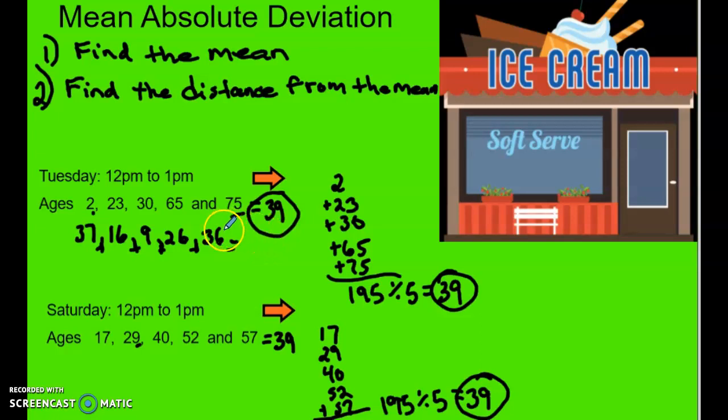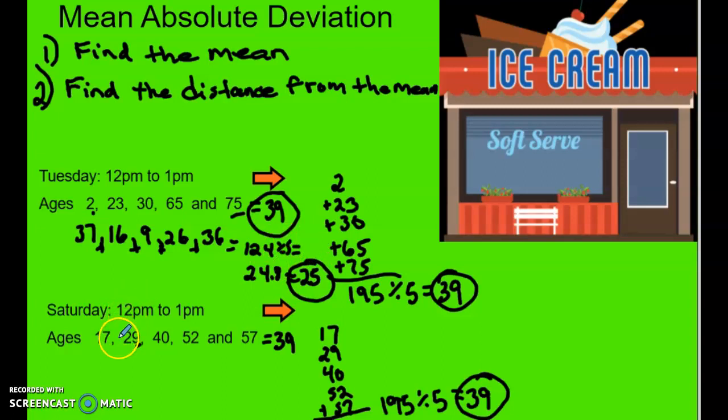For this one in particular, it should be 124. Divide that by 5, and it's going to be a decimal answer, somewhere around 24.8. Let's just say it's about 25. So the mean absolute deviation for this particular list is 25.